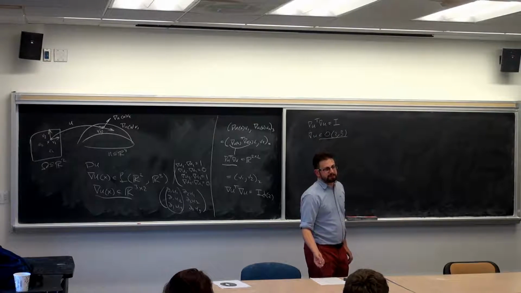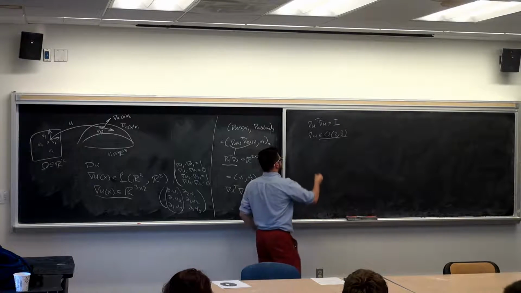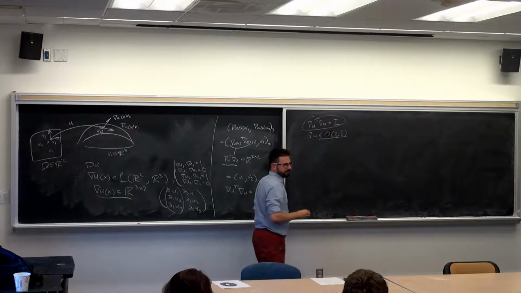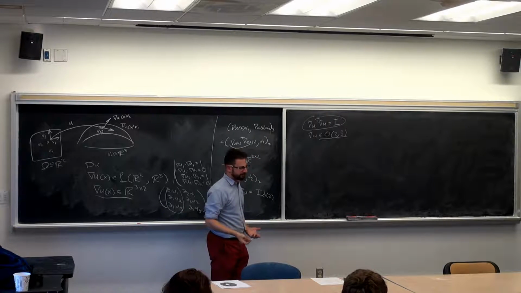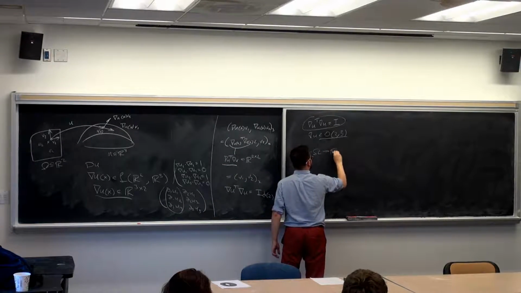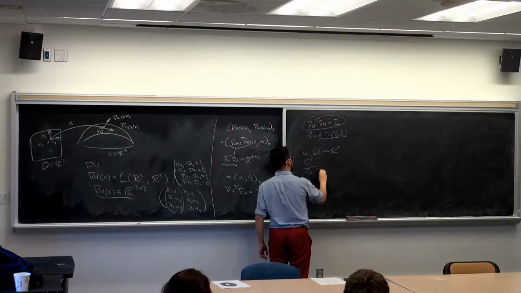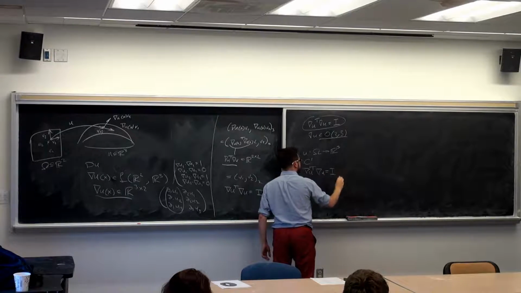So let's look at what solutions to this PDE really have to be like. I have U into R3, which is C1, and grad U transpose grad U equals the identity.